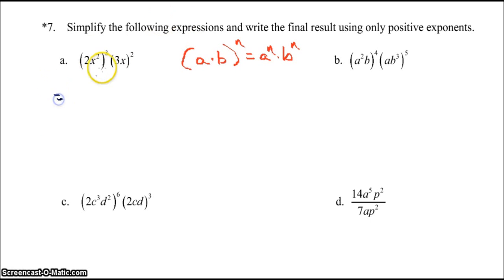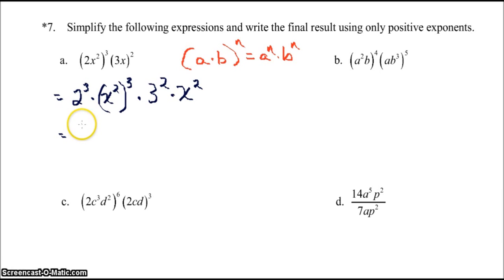Well, notice that we have a cube here, so we can rewrite this as 2 cubed times x squared cubed. Then here there's a square. We can rewrite this as 3 squared times x squared. Next, we can just simplify this. 2 cubed is 8. And here we need another rule.